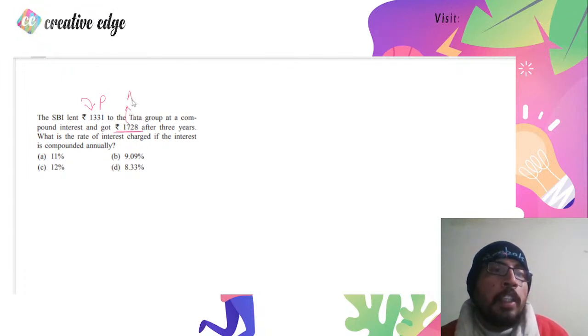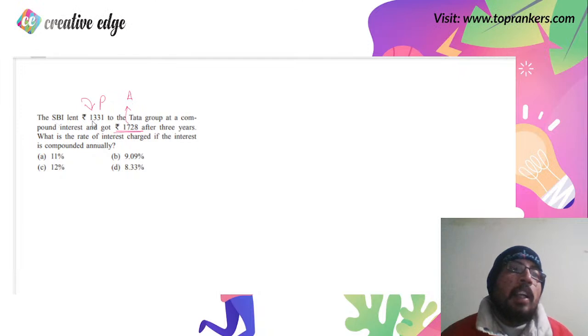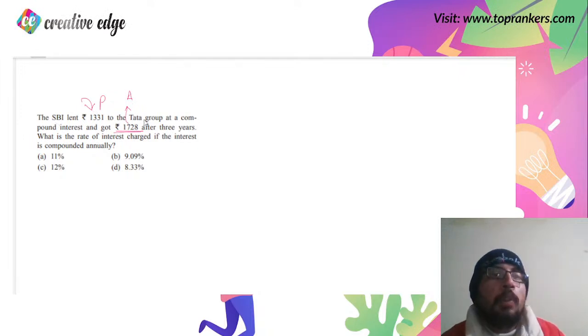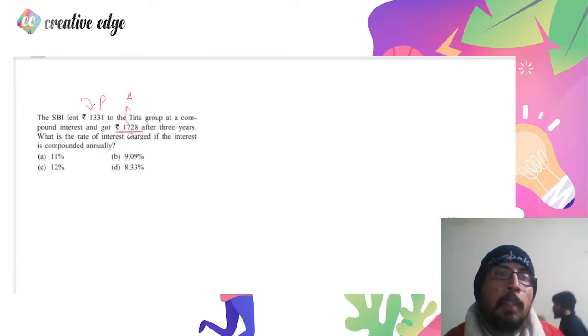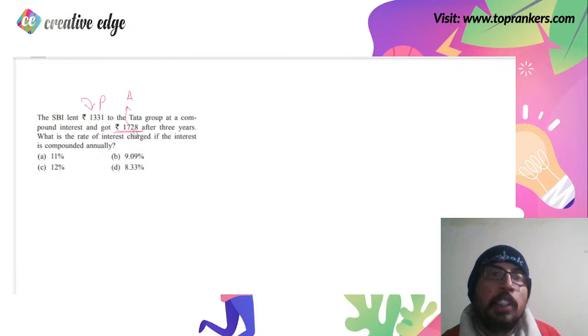I hope you can understand this. 1728 is nothing but the amount, that means the principal along with interest after 3 years. We have to find the rate of interest charged if it is compounded annually.